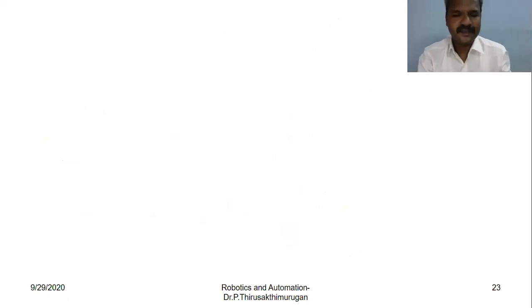So what is kinematics? Kinematics is nothing but the analysis of static and dynamic components of a robot. It describes the position and orientation of the robot.